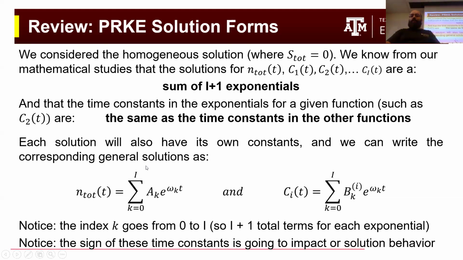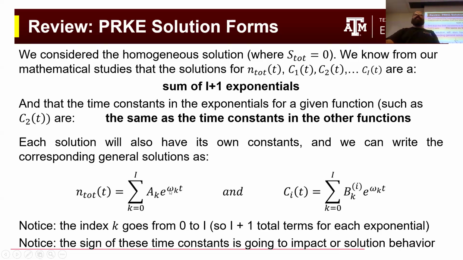Because the solutions to my kinetics equations look like a sum of exponentials, we know that exponential functions, just from math class, can blow up exponentially, or they can decay exponentially. They are very, very fast changing functions because of that e to the power t.